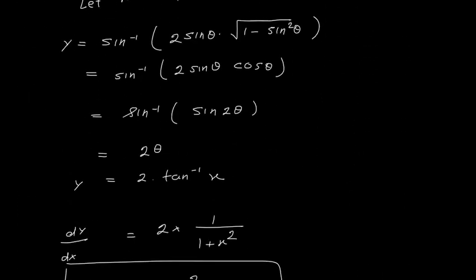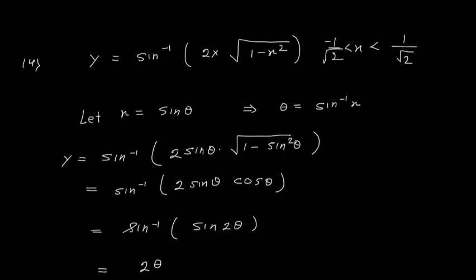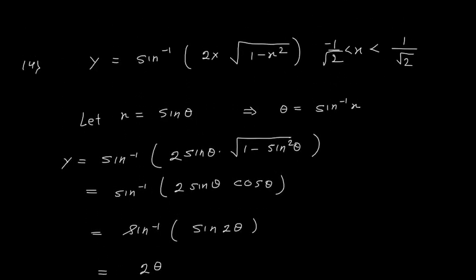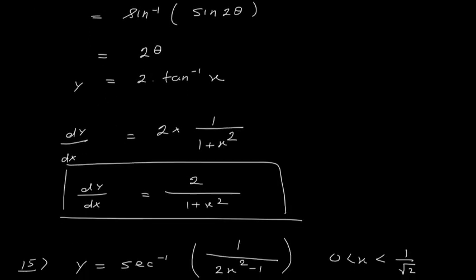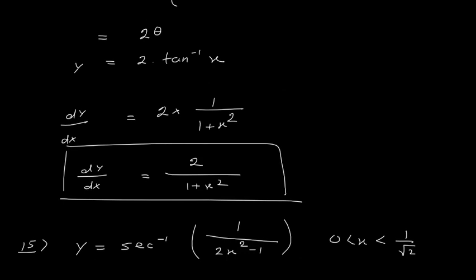In the 14th problem, make a correction: here theta is not tan inverse x, it is sine inverse x. Here we have done this part wrong. It is 2 sine inverse x.